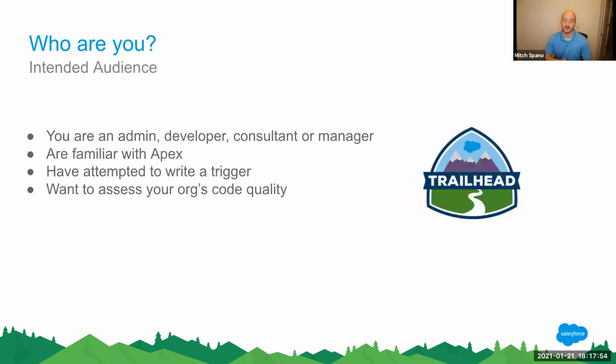Let's learn about you. This talk is intended for folks who are system administrators, maybe junior level developers, maybe even senior level developers. It's always great to go back to the fundamentals. If you're a consultant, or even a manager and you've never built anything technical, you're still in the right place. You need to be at least a little bit familiar with Apex in order to understand the context of this discussion.